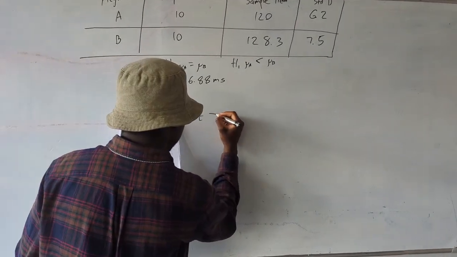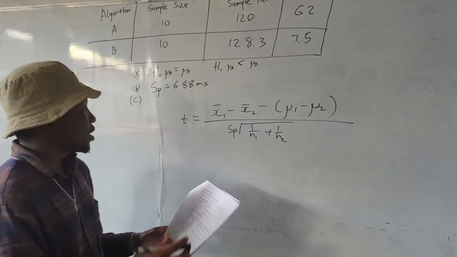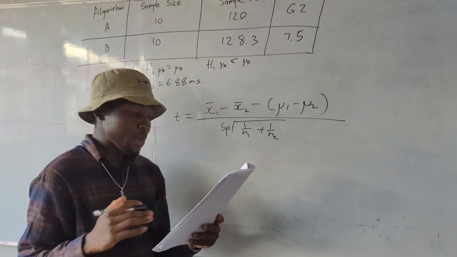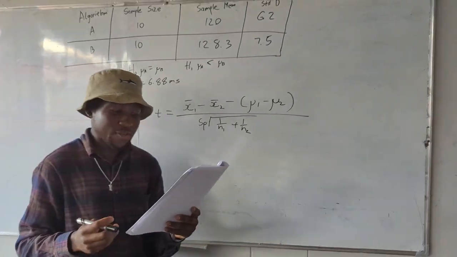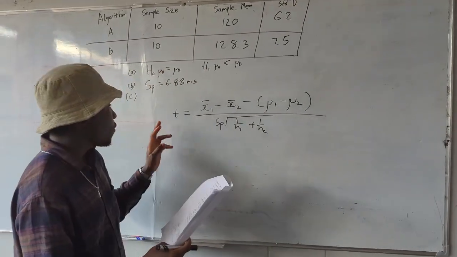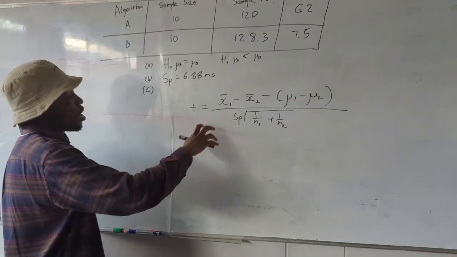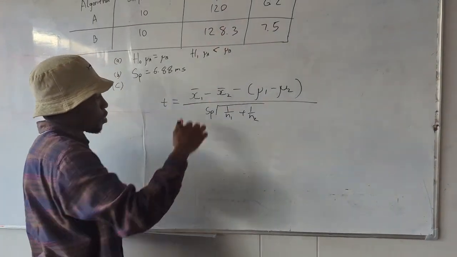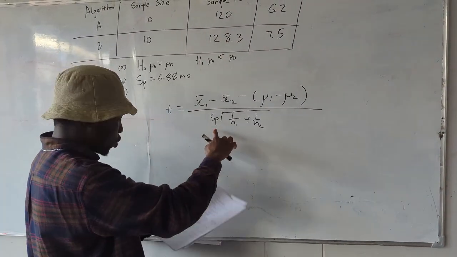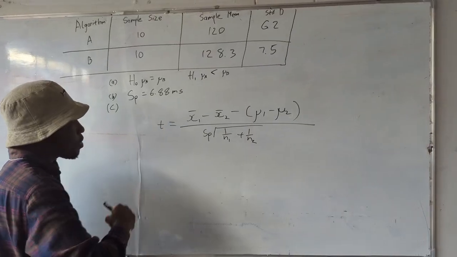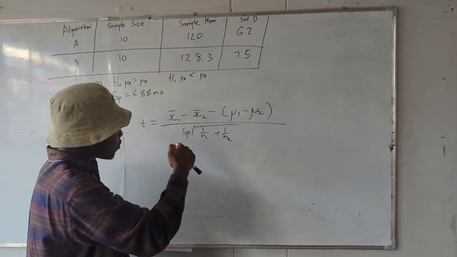We are saying t equals, using our formula on page 2 of the formula booklet, under inferences containing two samples, the t statistic. We are given mu1 and mu2, Sp our pooled standard deviation, and the sample sizes n1 and n2.